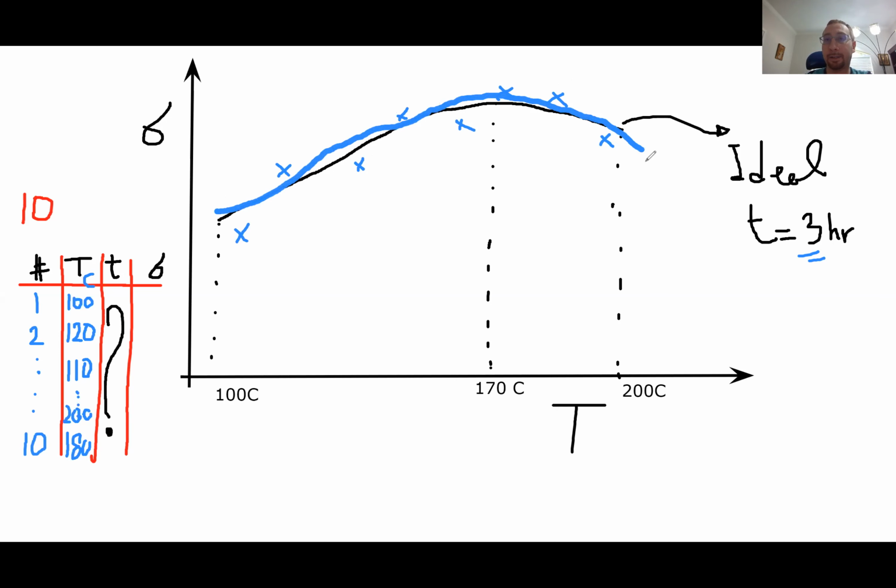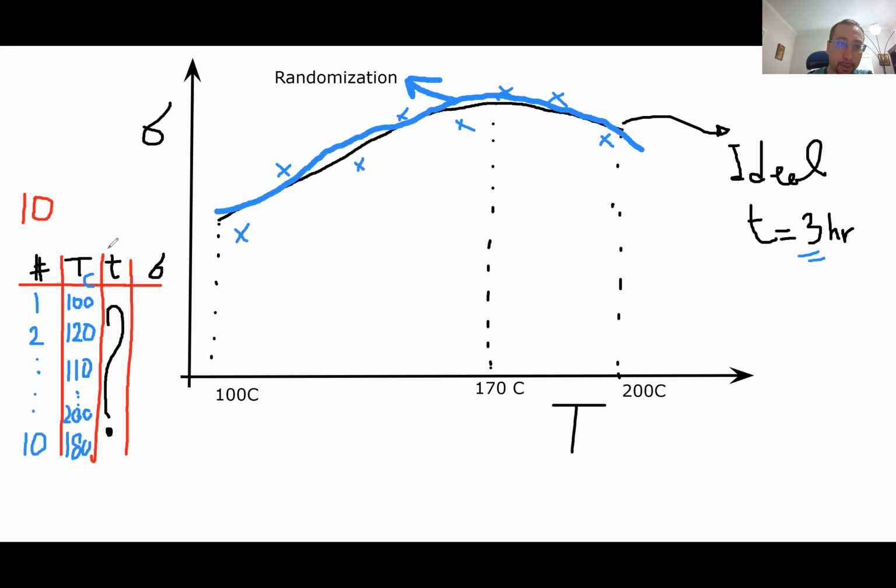It doesn't exactly fall on the black curve, which is the ideal curve, but this is the curve that is made through the process of randomization. Basically, what we're saying is that the variation in time, the duration of curing, is so random that it is not affecting the average behavior of my experiment.